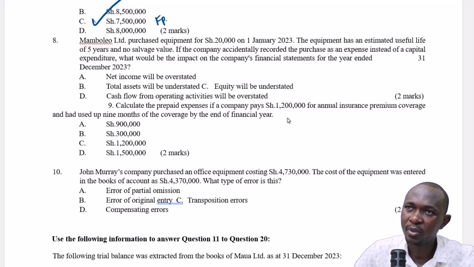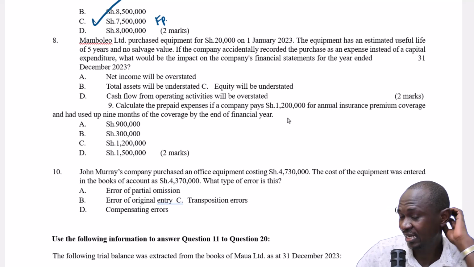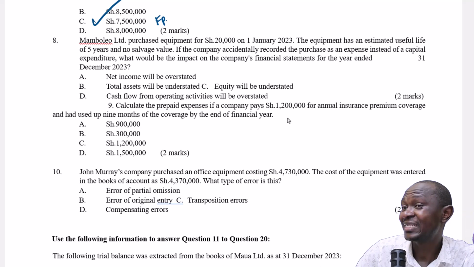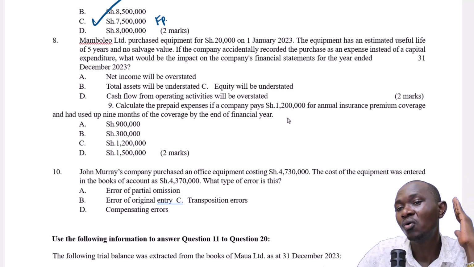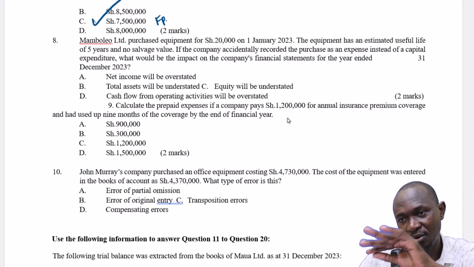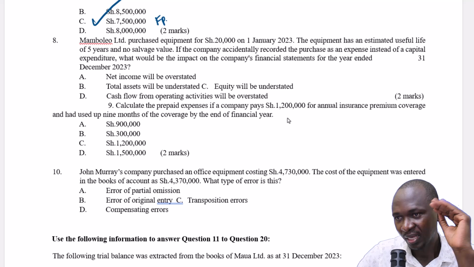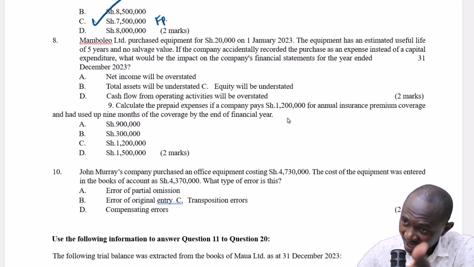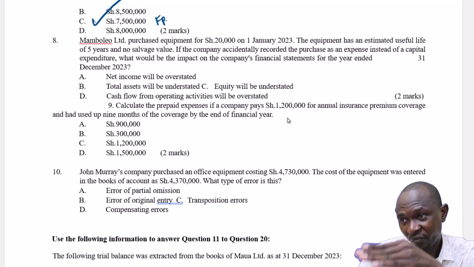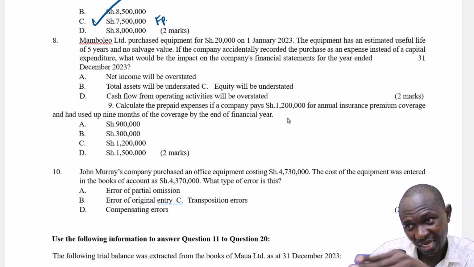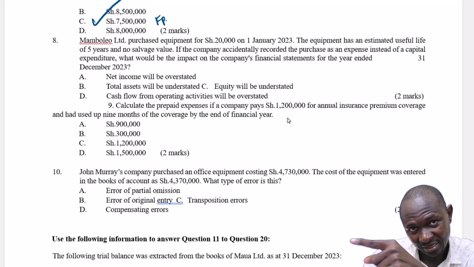Of course, expenses will be overstated, and assets will be understated. Expenses will be overstated. That is obvious from the face of it, because you've included an expense which is not an expense per se. You've also not captured the cost of that equipment as an asset of the organization.